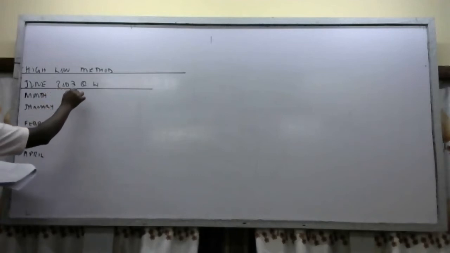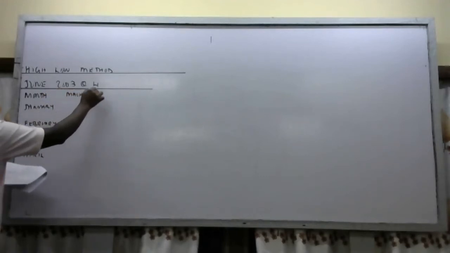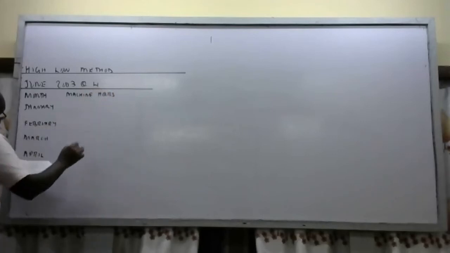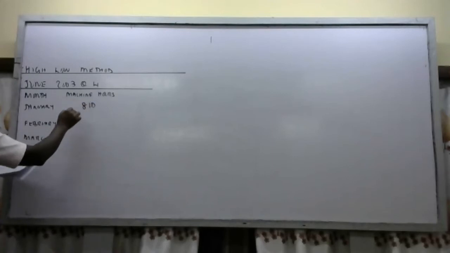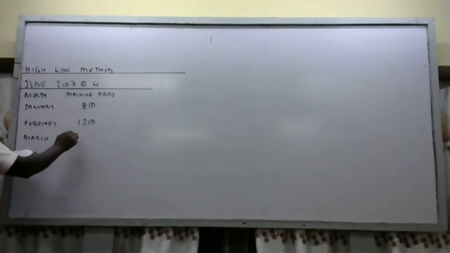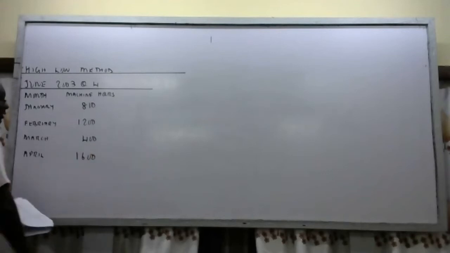Then machine hours. In January, there were 800. In February, 1200. In March, 400. And in April, 1600.